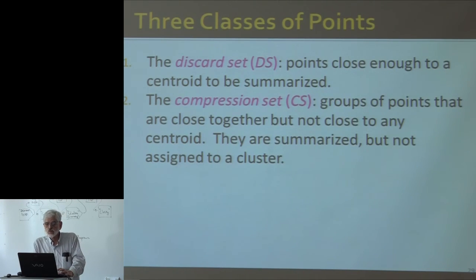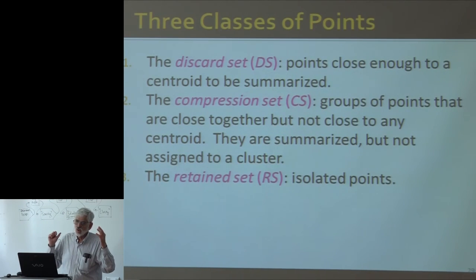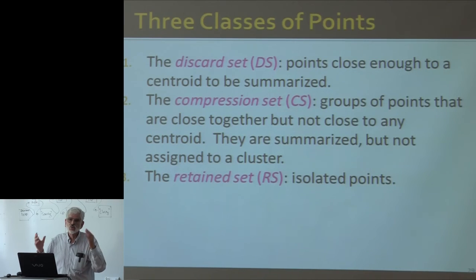There's something called the compression set, which is groups of points that are summarized, but we haven't yet assigned them to a cluster. All we know is that they are nearby to each other. And then there's the retained set, which are sort of things that look like outliers. We have no idea where they belong. They don't seem to look like any other points. So we just keep them as they are.